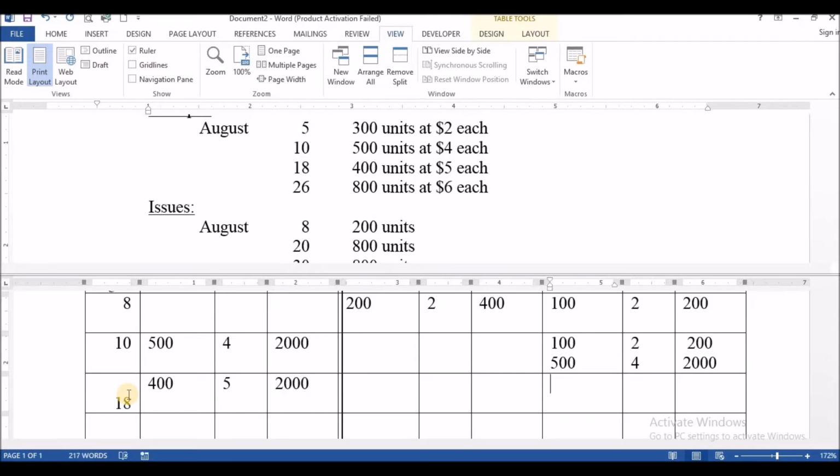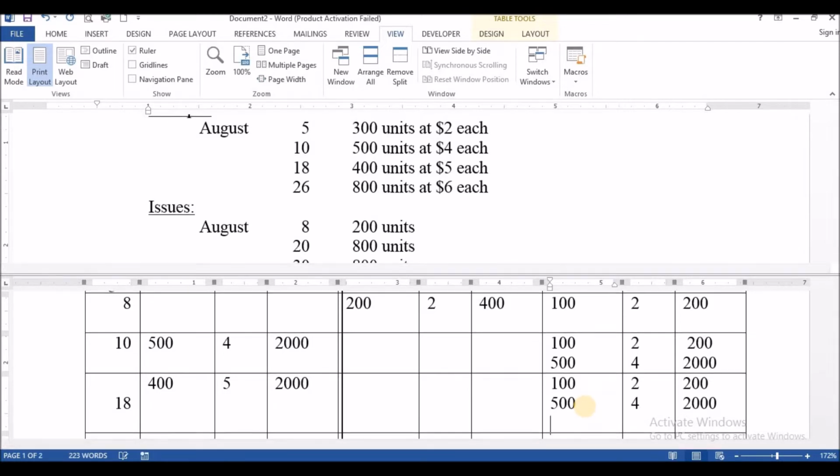As we go over here, as we said, the prices change, so we're going to add it. So it's 100 at $2, which is 200. 500 at $4, and that's 2,000.